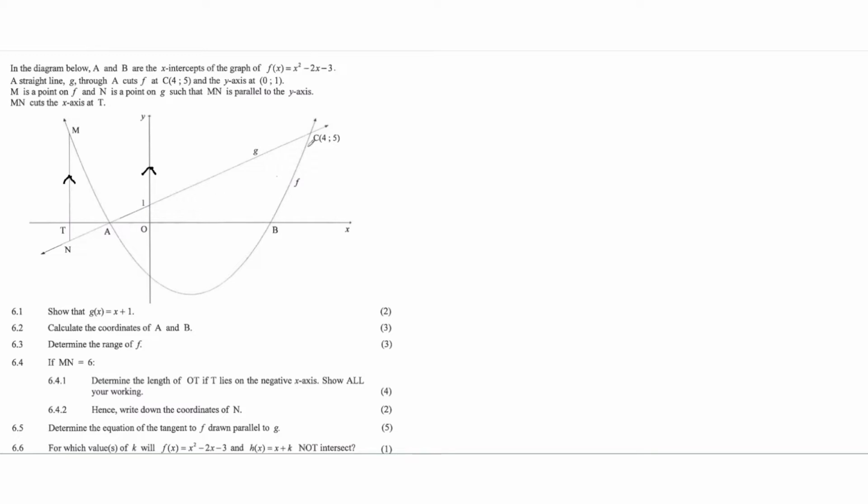So let's start off with the general equation of a straight line, which is y equals mx plus c. The m value in our equation tells us what the gradient of the straight line is.